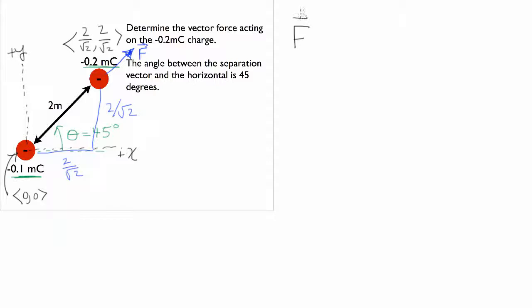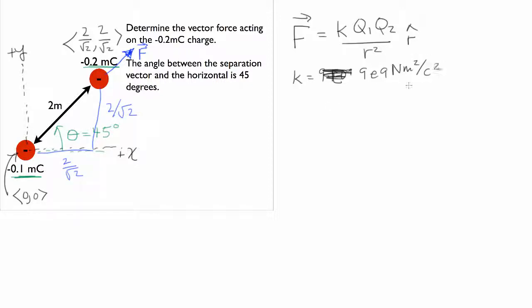We want the vector force, which is equal to k times q1 times q2 over r squared, times r hat. k we know is 9 times 10 to the 9, or 9 e to the 9, newton meters squared per coulomb squared.